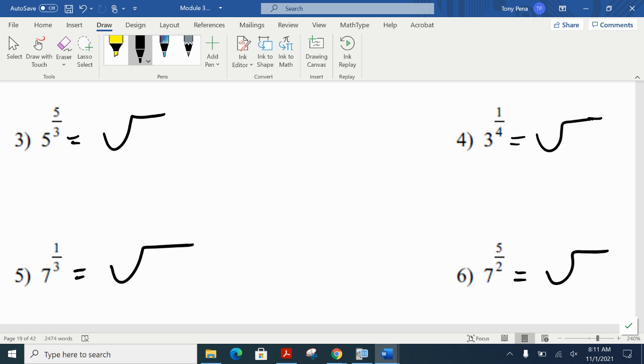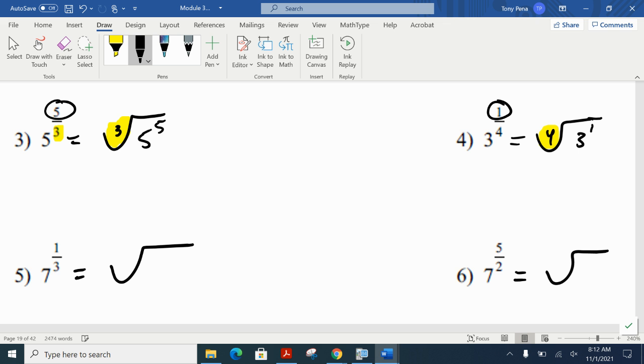All right, Omar, what number goes in number 3? Which of those goes right here? Good. That's our denominator, so it's going to be a cubed root, and then that 5 goes into your denominator, and the exponent would then be what? Good. And then this numerator is your exponent. All right. So the next one, Lily, what number goes right here? Good. That's our 4, and then the 3 is raised to the power of what?